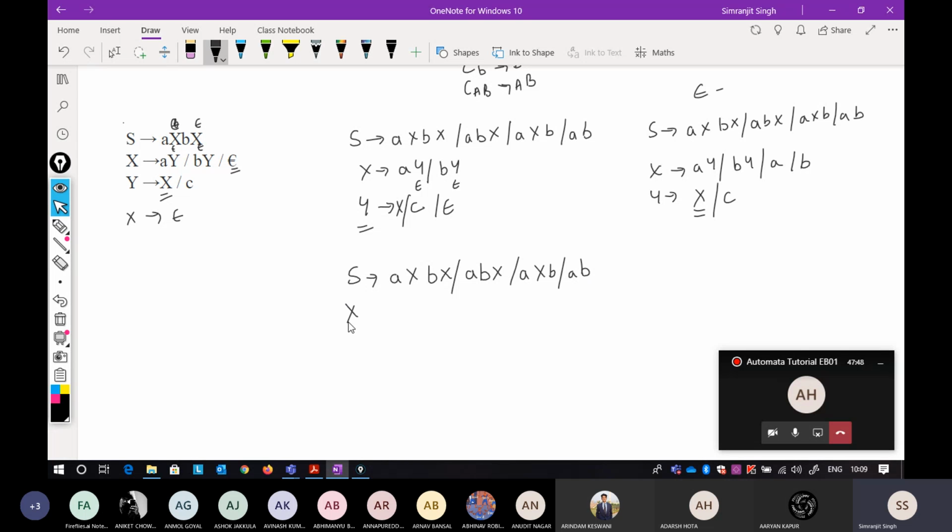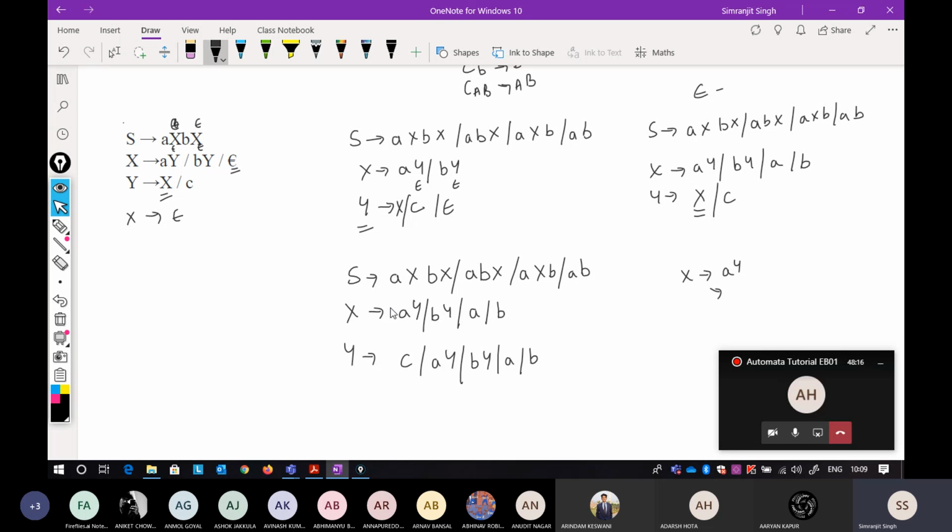Okay, so now in this X, there is a, then Y, and then b, and then Y, and then there is a, and then there is ab. For this Y, you do not write an X here, because we are trying to get rid of it. So this X is deriving totally these symbols. So in place of X, you can write all these symbols. There is nothing to worry about. So in place of X, you can write aY, and then bY, and then a, and then b.